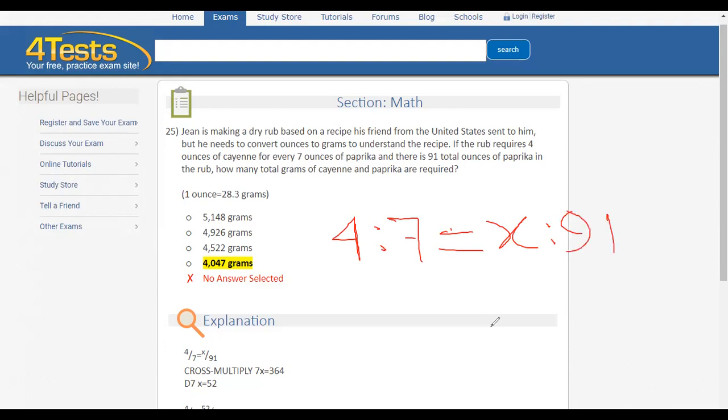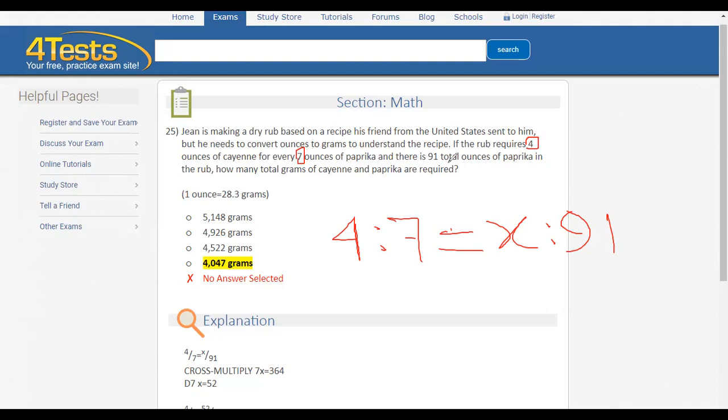So this was all about that. Then from this ratio 4 to 7, look at this, it requires 4 and 7. You can get the idea from here that 4 ounces of cane is for 7 ounces of paprika. This is 4:7.